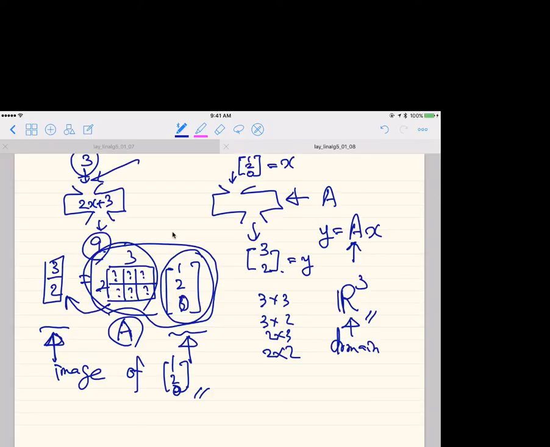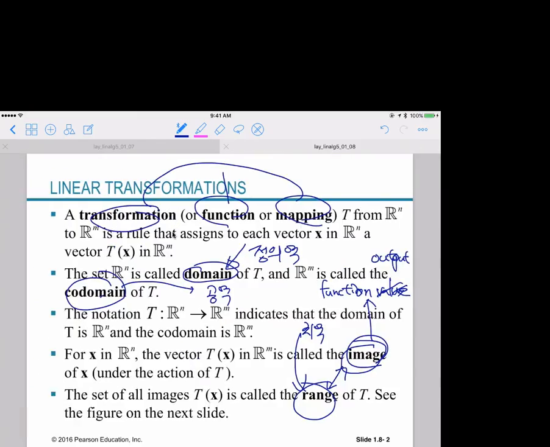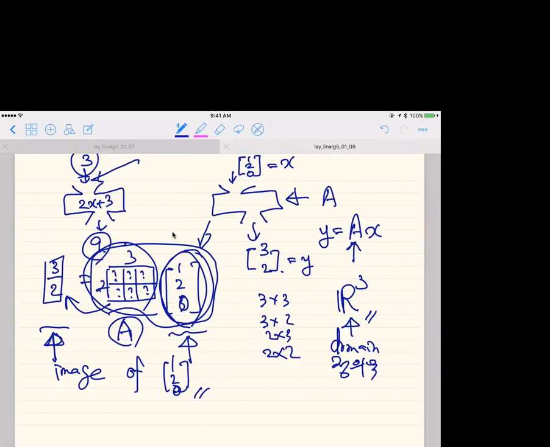Because it's corresponding to X input vector, right? So the entire space that this input vector is living in is called domain, right? Or 정의역. And then what about this codomain? So codomain is the entire space where this 2-dimensional function output vector is living in. So R2 is codomain in this case.